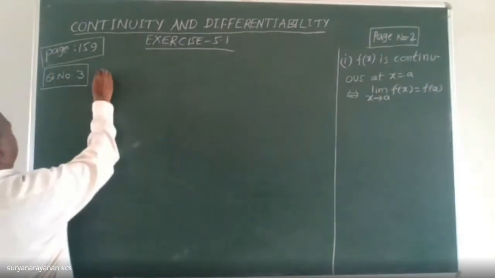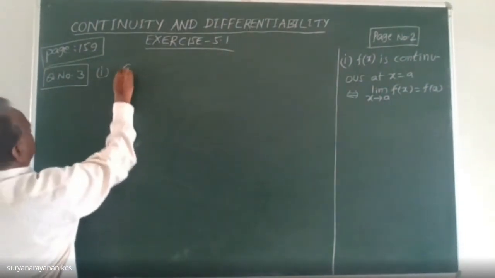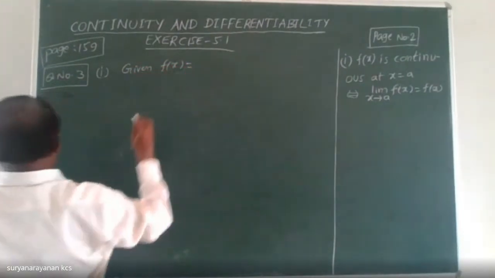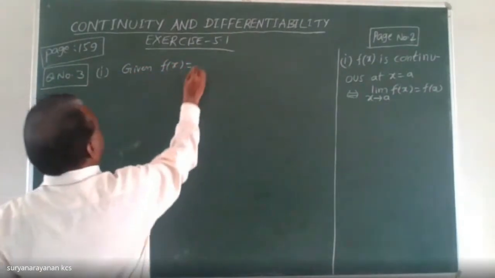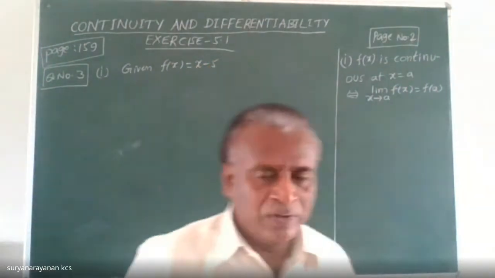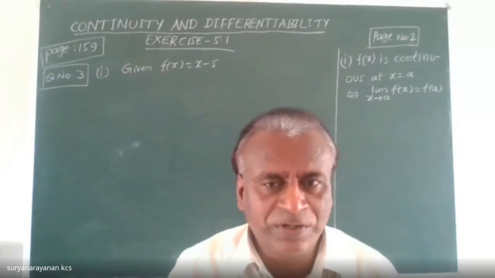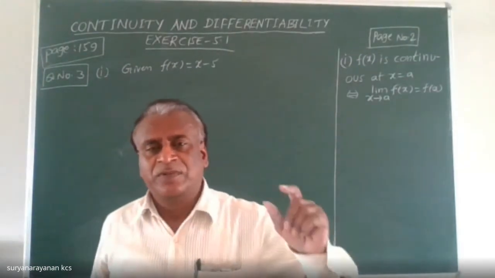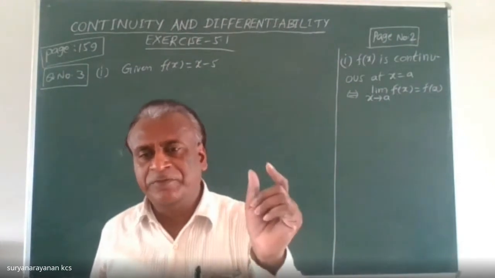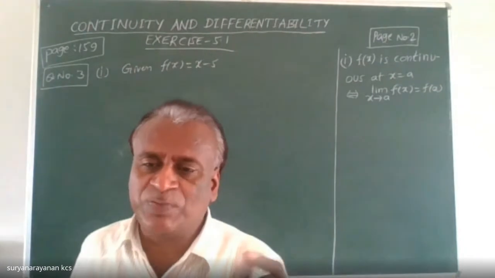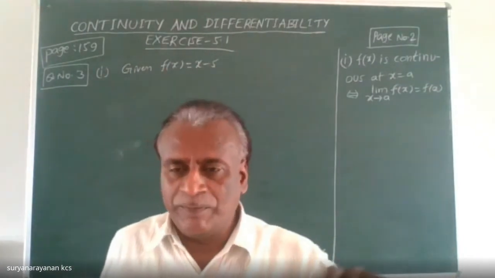See here, the given function is f of x is equal to x minus 5. Here a particular point is not mentioned. In this case, we have to take x is equal to a, some real number.